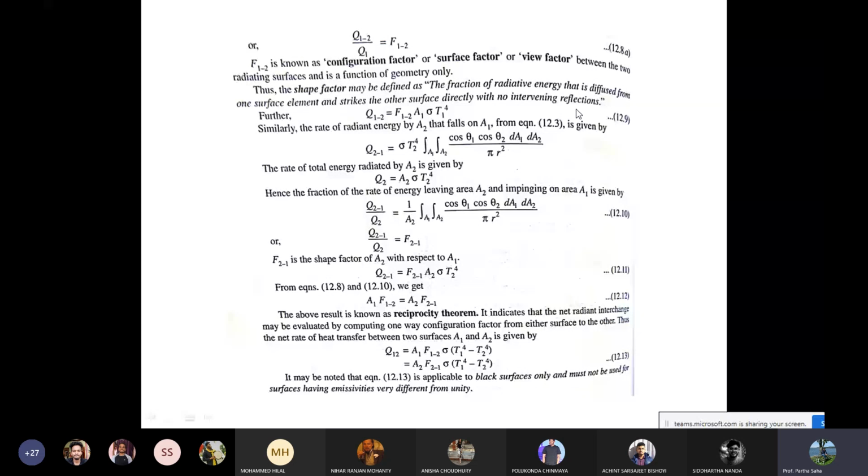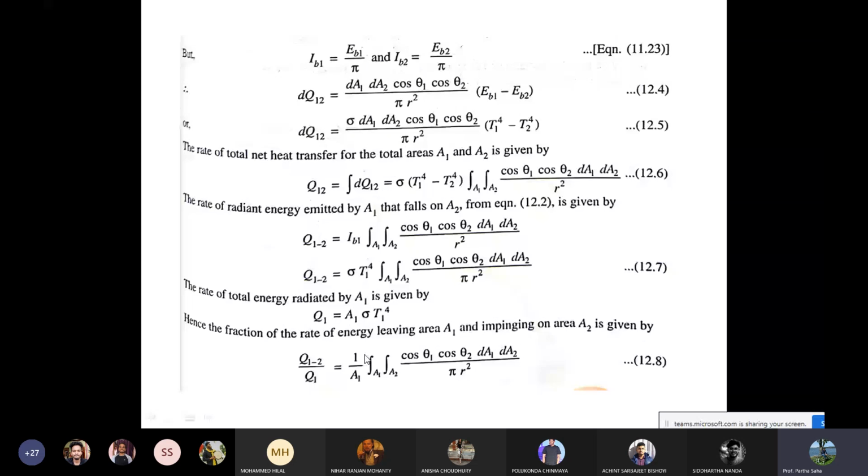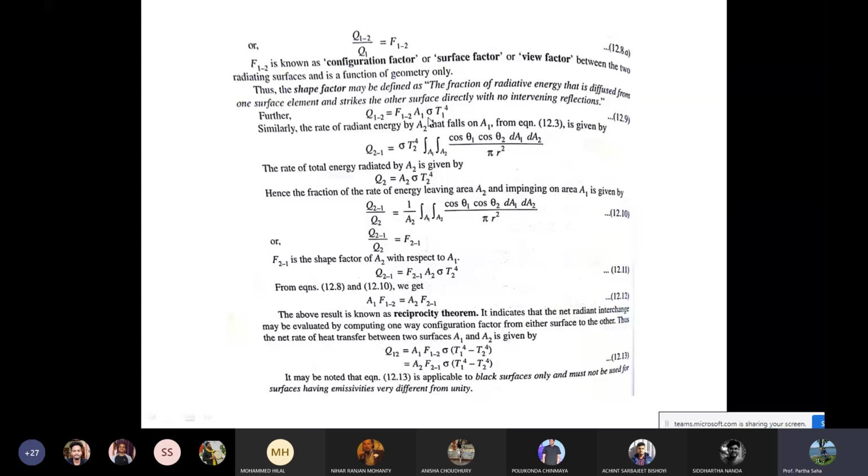So you can write Q12 as F12 A1 sigma T1 to the power 4. Similarly, the rate of energy from A2 that falls on A1, from 2 to 1, is given by Q21. The rate of total energy radiated by A2 is Q2 = A2 sigma T2 to the power 4.